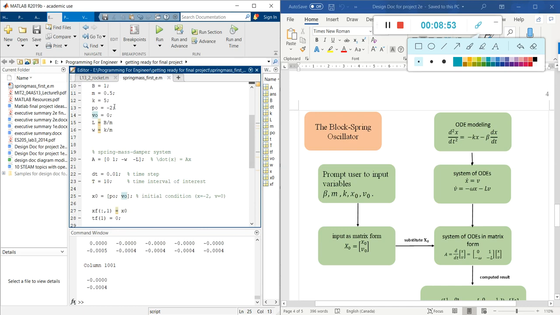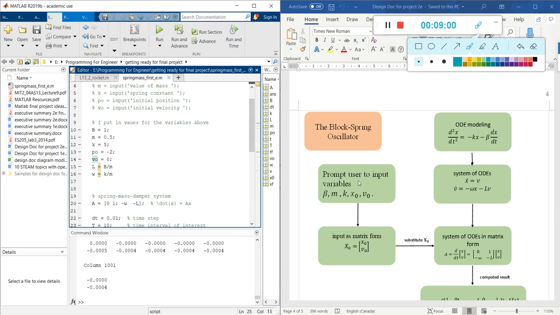As you can see, I first put in the values for all the variables: frictional constant, mass, spring constant, initial position, and velocity.